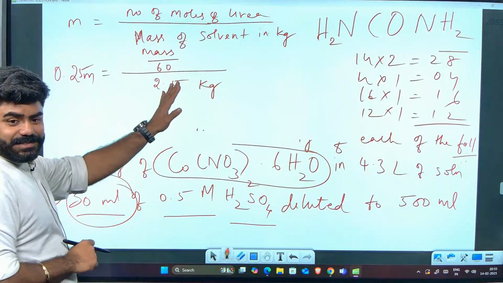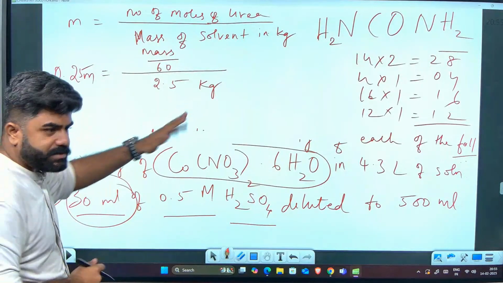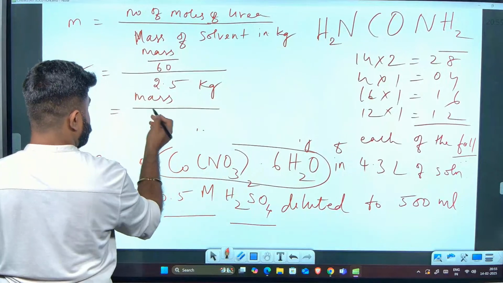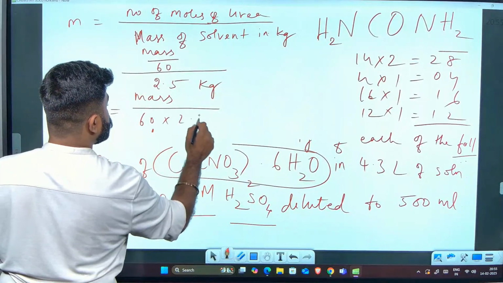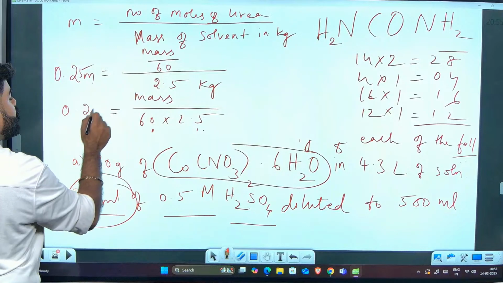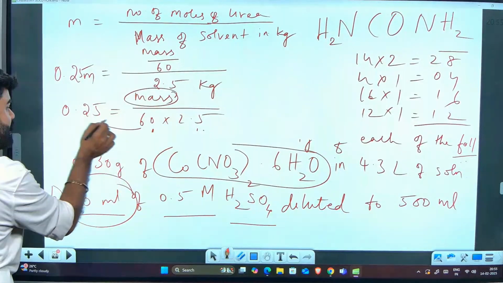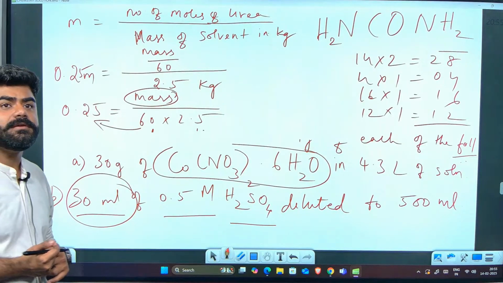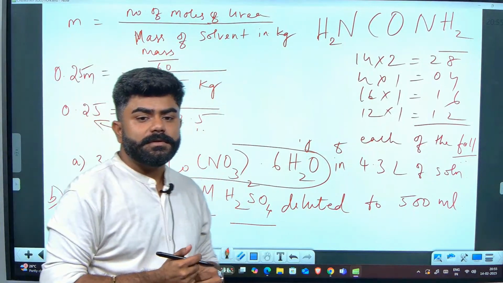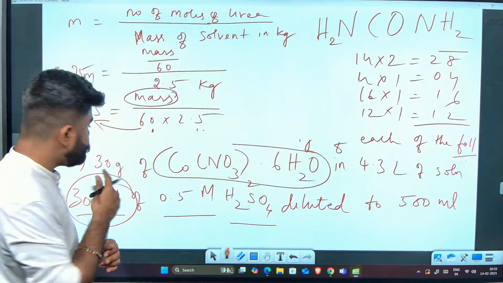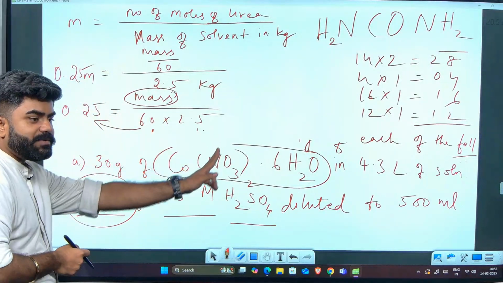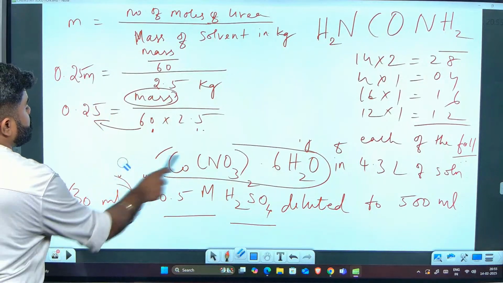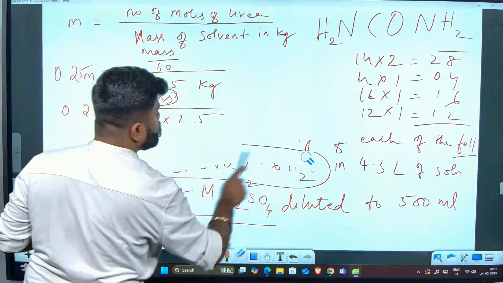Wait. So this step you understood. What do we do after this? I'm just simplifying: mass by 60 into 2.5 equals 0.25. We want the mass, so take everything else to the other side. Are you all clear, children? Keep the mass alone and take the terms in the denominator to the other side, and we will get the mass.